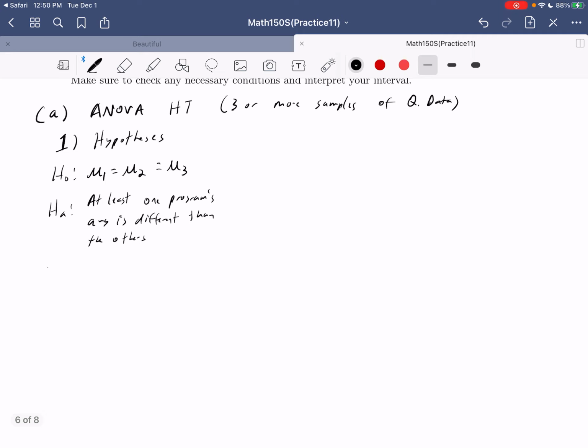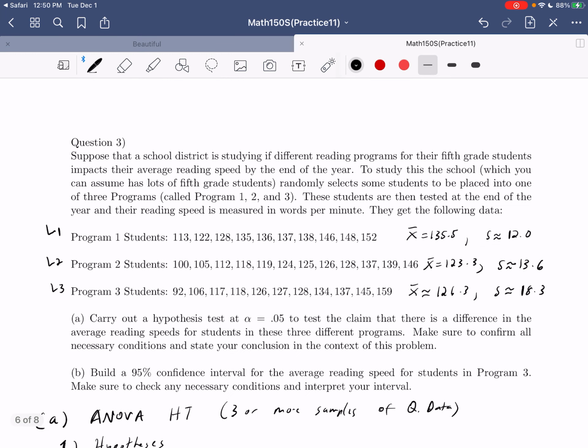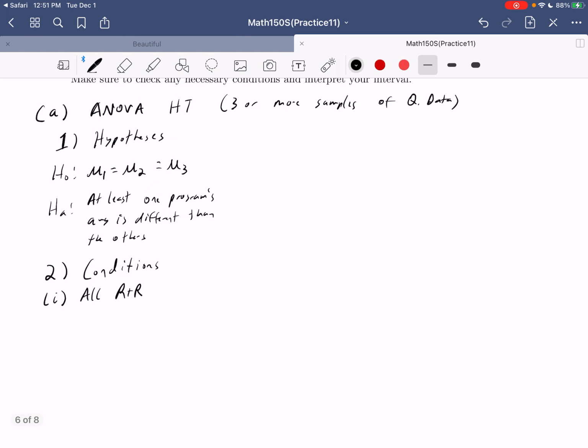All right, let's move to the conditions. So remember, for Anova tests, the actual calculation is going to be all done by the calculator, but the conditions is where you have a lot of the work to do. So first, we need all the samples to be random and representative. And of course, they randomly select some students to be placed into one of 3 programs. So that is definitely stated. So we're all good there.